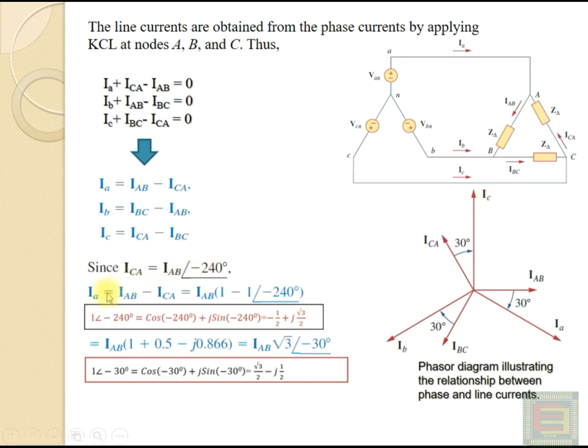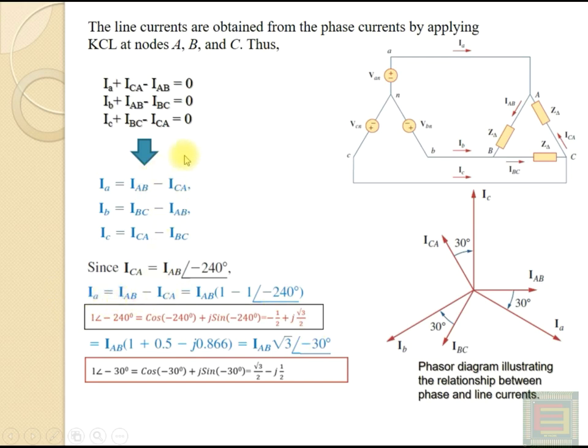You can see that the magnitude of the line current, the length of this phasor, will be root 3 times the length of this phasor IAB. Or it can be calculated using this formula also. The line current IA is given by IAB minus ICA.